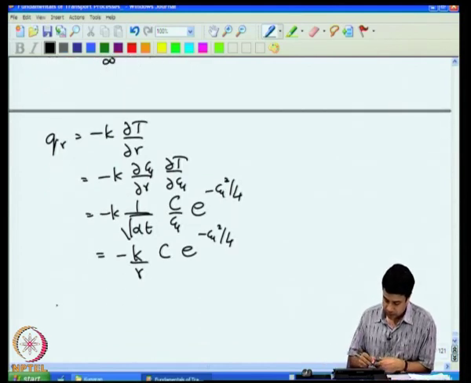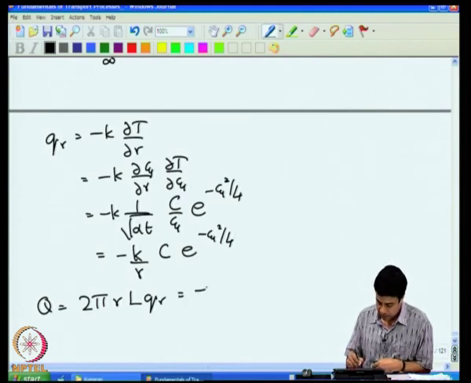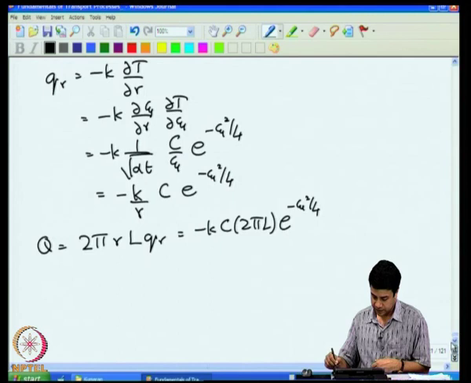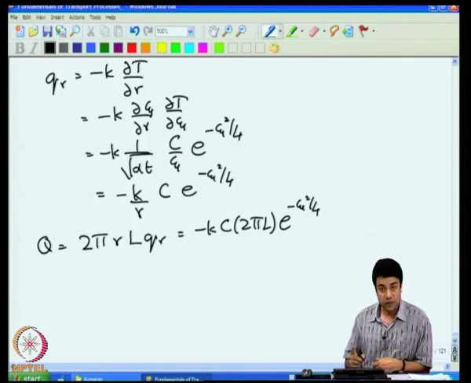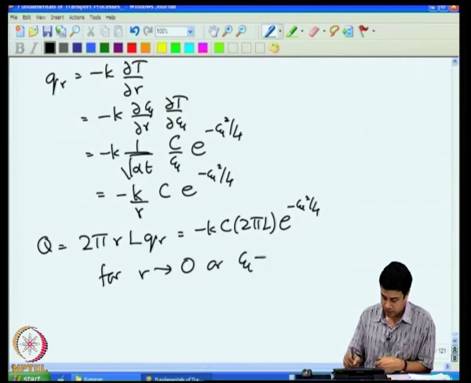Now, the total heat coming out Q is equal to 2 pi r L q_r, which is equal to minus k c into 2 pi L, into e power minus psi squared by 4. Now, my boundary condition said that this Q has got to be equal to 2 pi r L q_r for r going to 0 or psi going to 0.